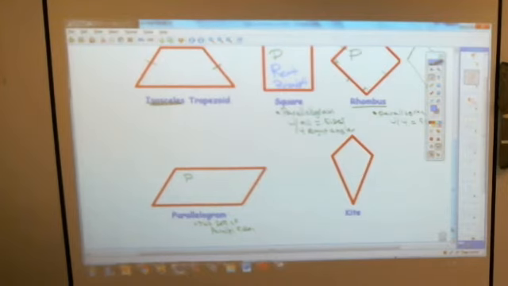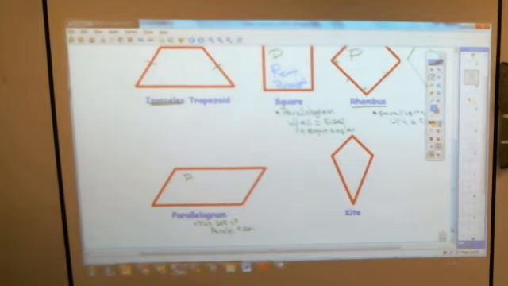Kites, pages 197, 198. Does it say what a kite is? At the bottom of 190. Oh yeah. A kite has two pairs of adjacent sides of equal length. There you go. We have to write that down.